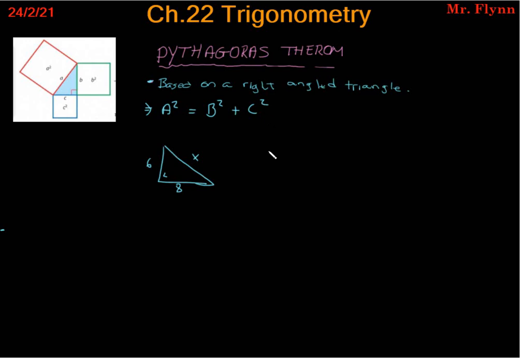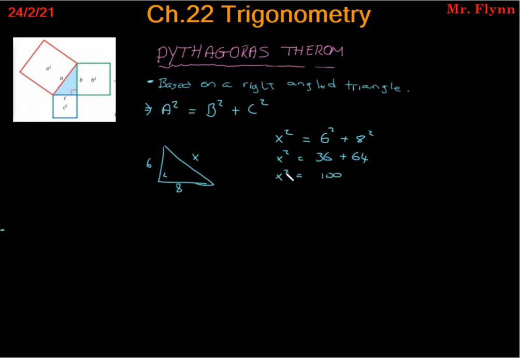So what does that look like? Well, the length of the hypotenuse in this example is x. So if we square the length x, that is equal to the sum of the other two sides to be squared when we add them together. So it is 6 squared plus 8 squared. On the left hand side we still have x squared, which is equal to 36 plus 64. Adding those two together, we get 100.